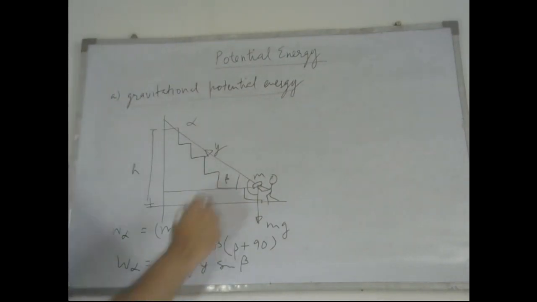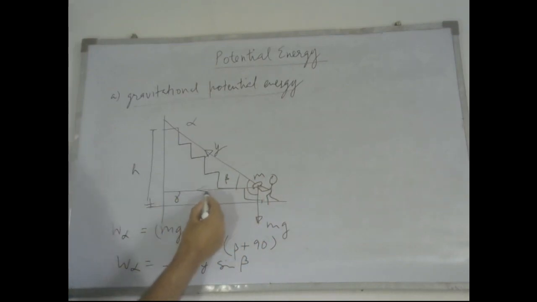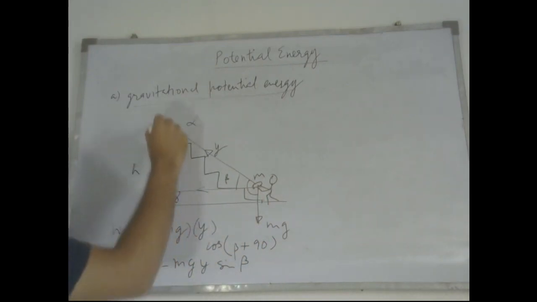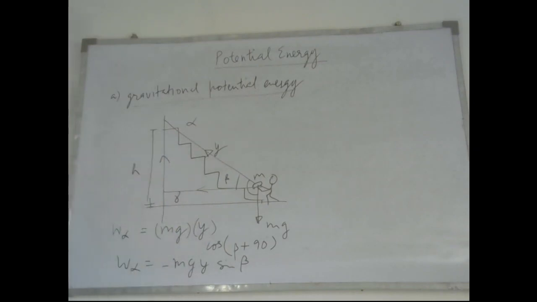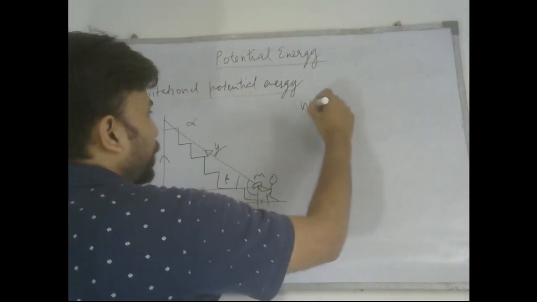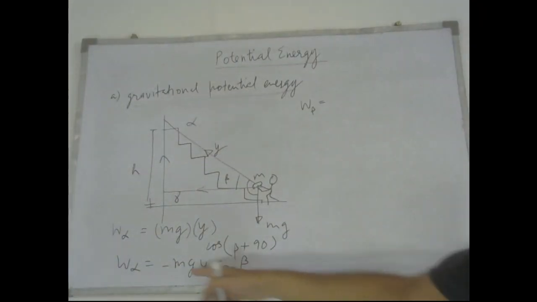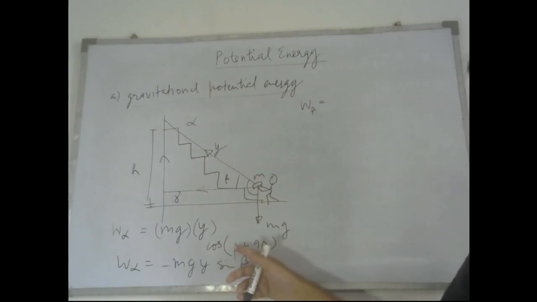Similarly, let us take the gamma path. In the gamma path we are going to go over here and then take a lift from the initial point to the final point. So what would be the work done in that case? I hope it is clear how the negative sign came, since cos of some angle plus 90 degrees gives a negative sign.